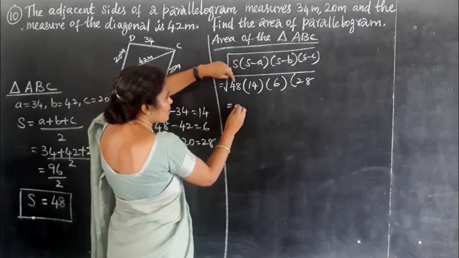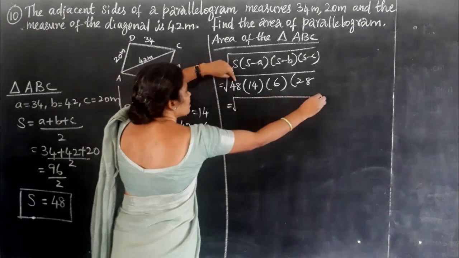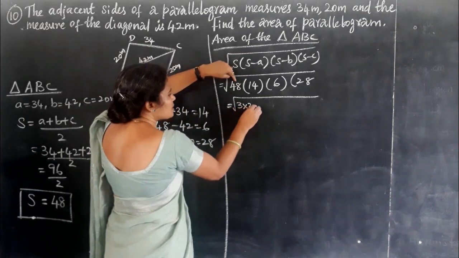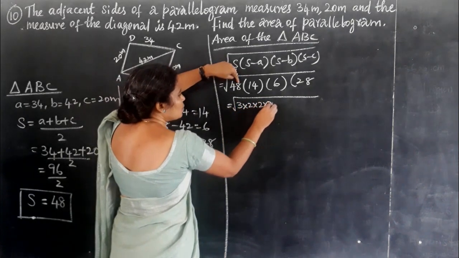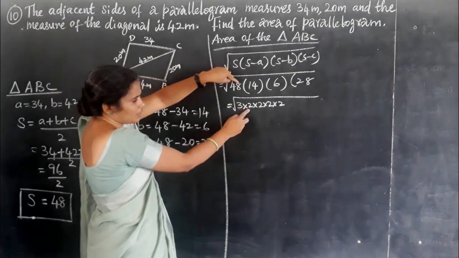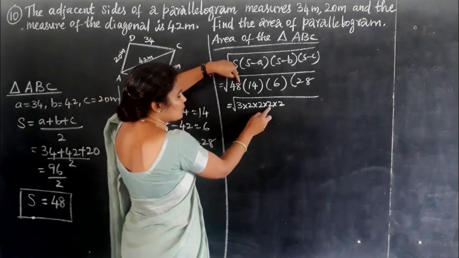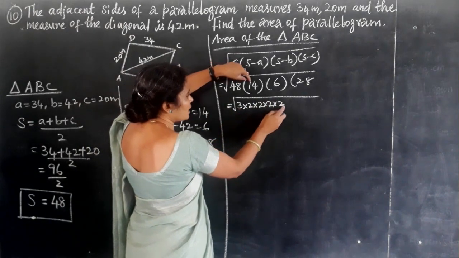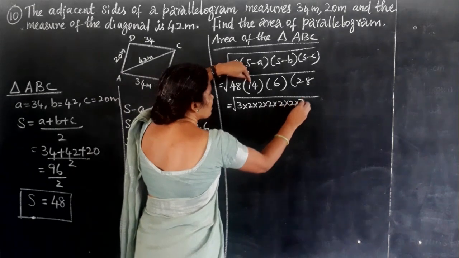6 eights are 48, 3 into 2, 6 eights are 2 into 2 into 2. 3 twos are 6, 6 twos are 12, 12 twos are 24, 24 into 2 is 48, and 2 into 7.